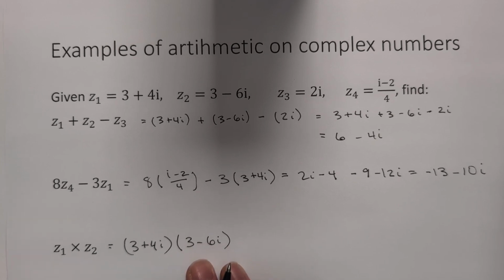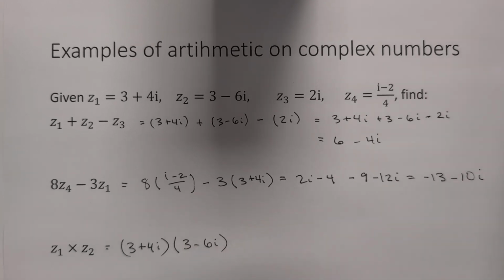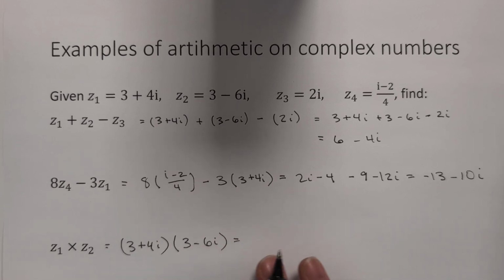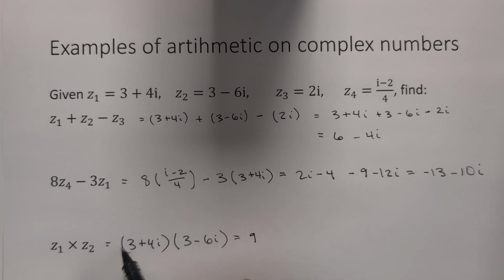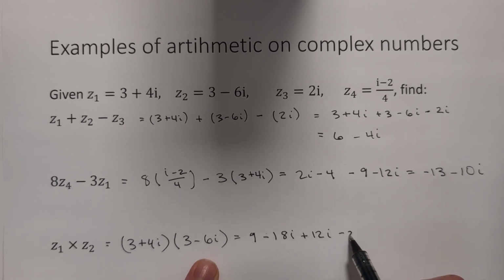It's just the distribution property expanded here. If you had more terms in each, you may want to use a nice organizer, maybe a table, but 3 times 3 is 9 first. 3 times negative 6i is negative 18i. 4i times 3 is positive 12i. And 4i times negative 6i is negative 24i squared.